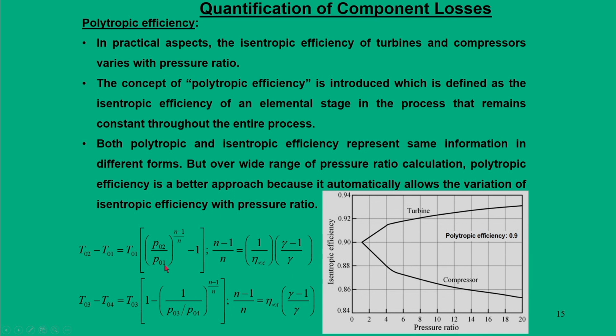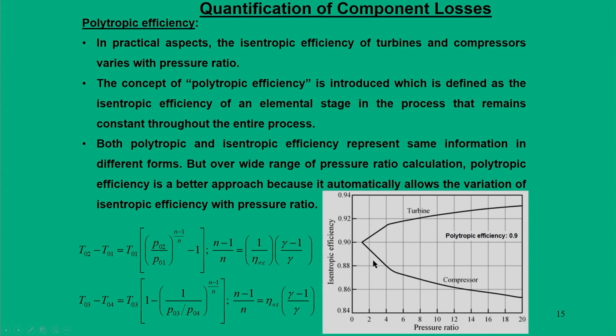Okay. Now, apart from this, there is another way of representing isentropic efficiency, which we call polytropic efficiency. We also have isentropic efficiency, so what is the necessity of defining a polytropic efficiency? What has been observed is that isentropic efficiency has a fixed value, but it has to operate at a certain pressure ratio.